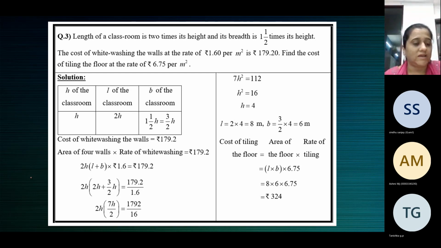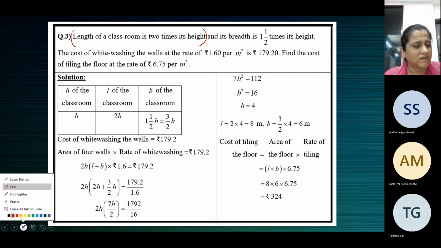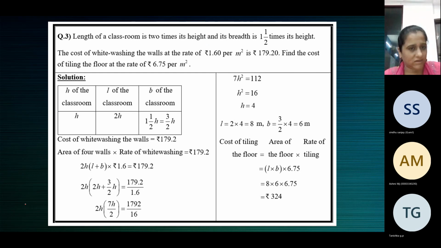See here, the length of a classroom is 2 times its height, and its breadth is 1.5 times its height. Don't read the question fully. We'll read till here and we'll do the assumption. Length of a classroom is 2 times its height.